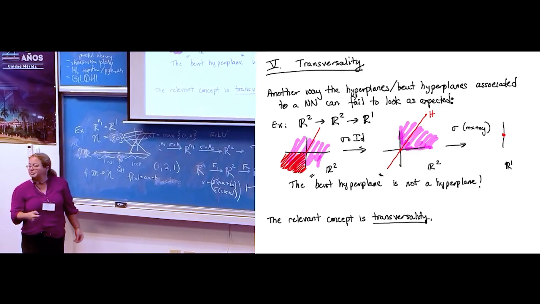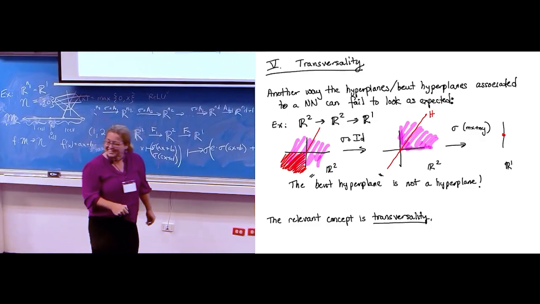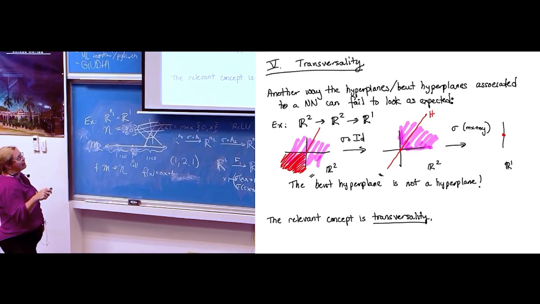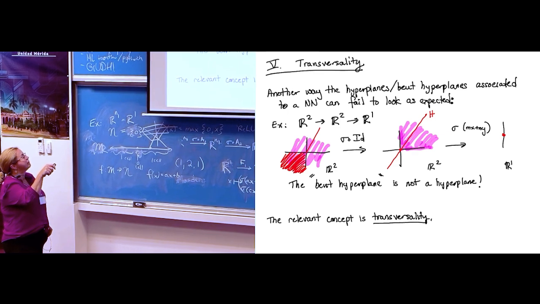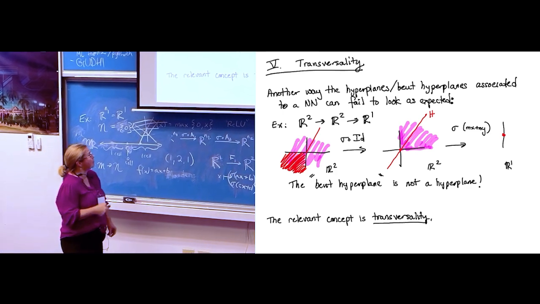So that's bad, right? Because we want to get hyperplanes. So the so-called bent hyperplane is in fact not a hyperplane. It is, in this case, a full dimensional part union a part that looks like a hyperplane.